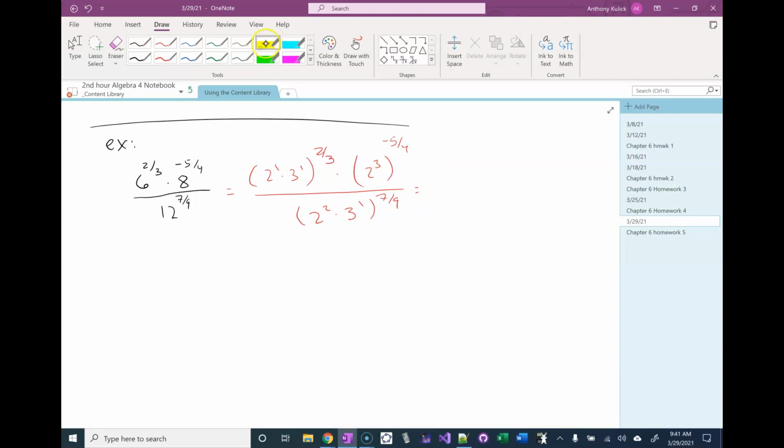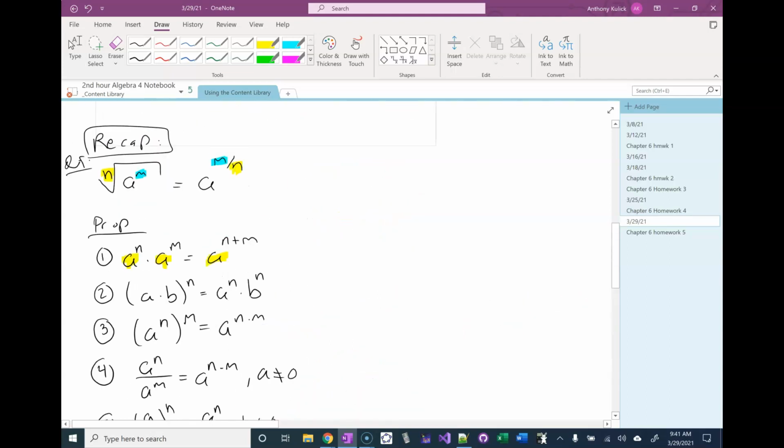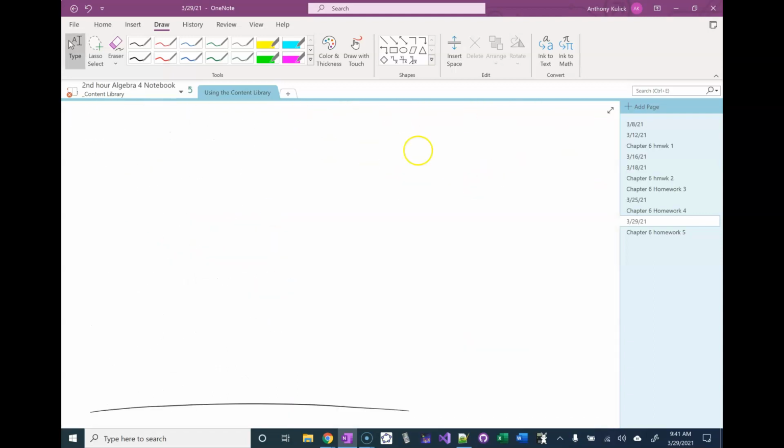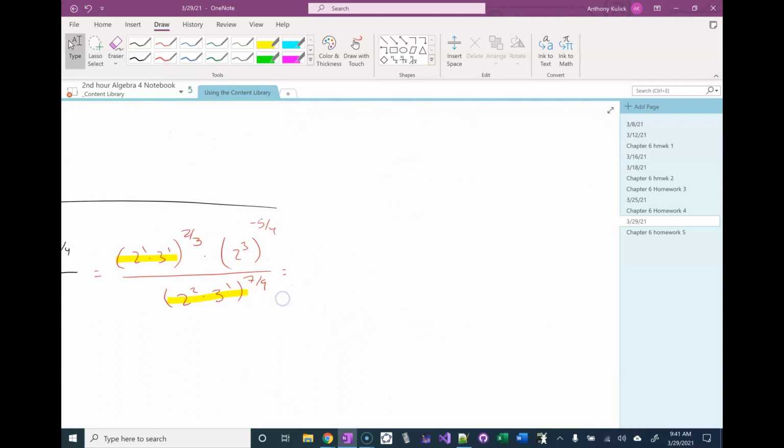So these two places look like property 2 to me, where I have two things multiplied together inside a parenthesis with the exponent on the outside. So I'm going to use property 2 to simplify those. Basically, all I do is apply the exponent to each piece of the product. So that's easy to do there.